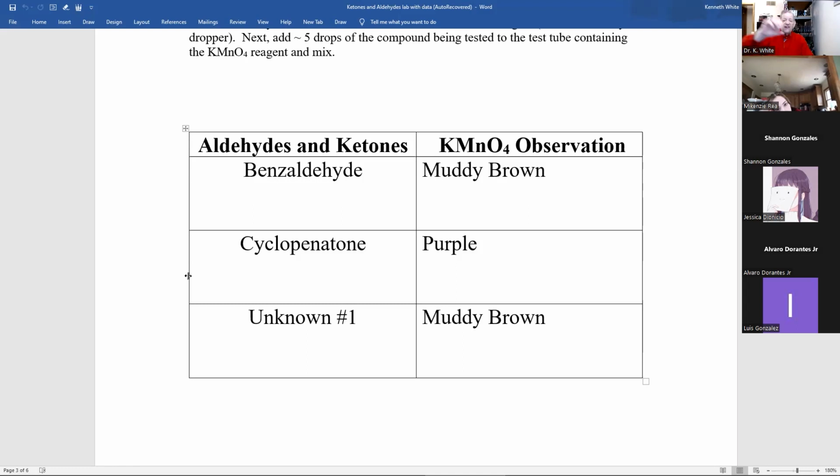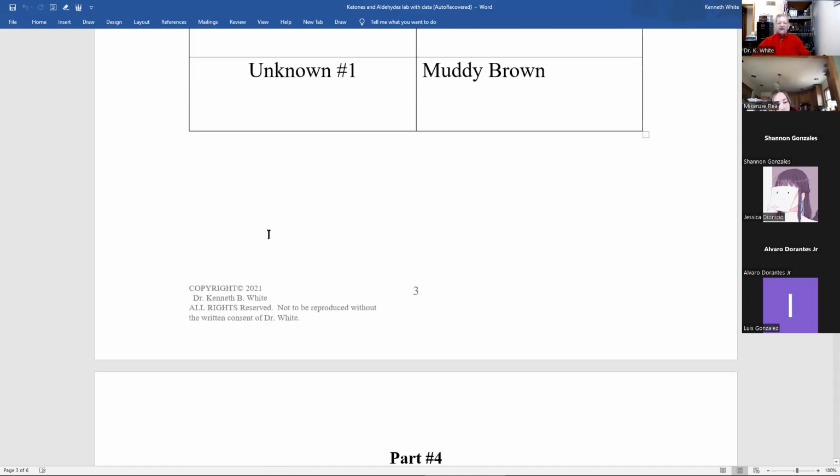And we took this evidence from the crime scene. And if it's an aldehyde or a ketone, we'll know, is this person guilty? So please help us out. And you run the test and you get muddy brown. You'll have to answer the question, is it an aldehyde or ketone? I'm not going to give it away.